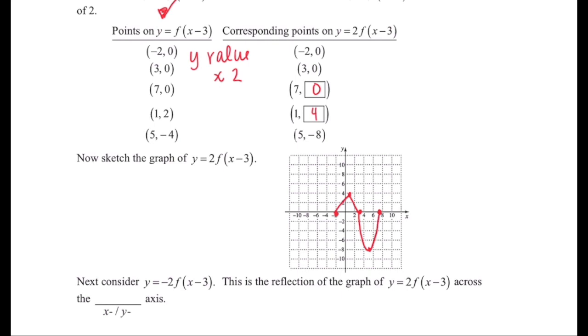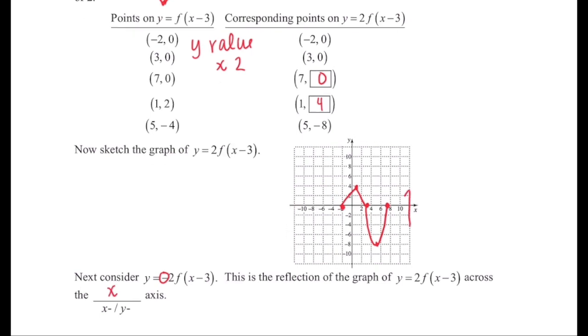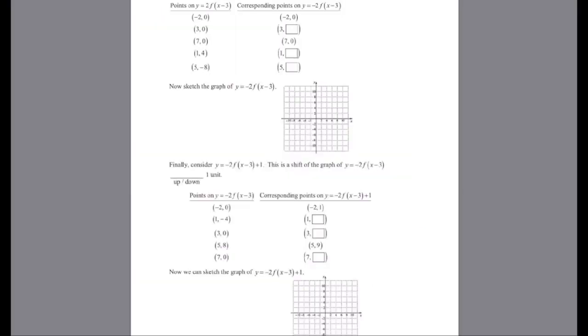Now what we need to do, we had a negative in front of the 2 times our function value of x minus 3. That tells us that we're going to have a reflection and we're going to flip across the x-axis. Our y values are going to change from positive to negative or negative to positive. Let's put that part together now.